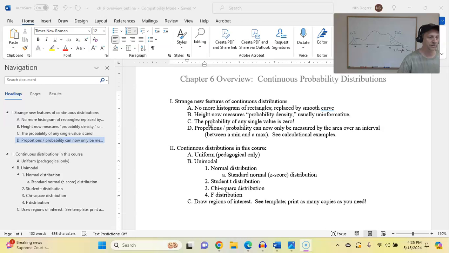Okay, and that brings us around to the next very strange new feature of continuous distributions. The probability of any single value is 0. What? What does that mean? It means if I select one man at random, and I measure his height, what is the probability that his height is exactly 5 feet 10 inches tall?